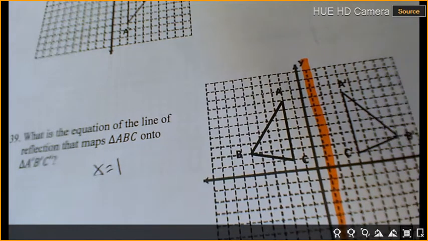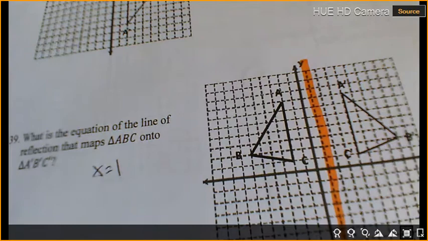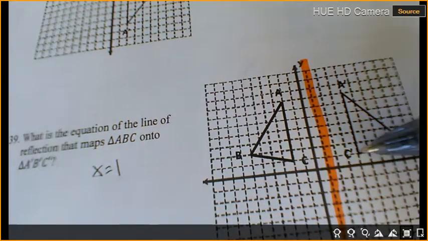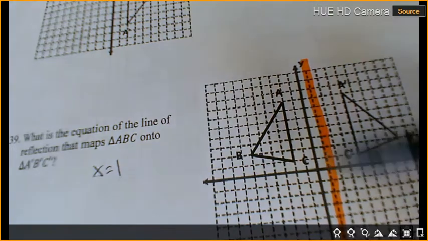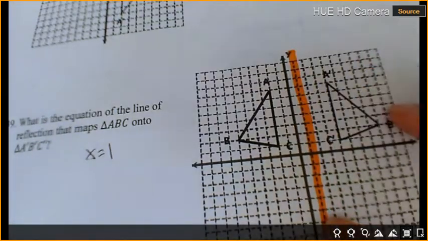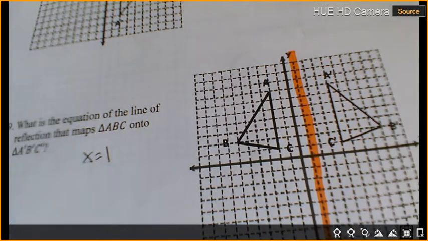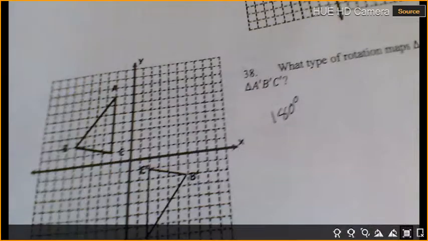So that I know the 3 is the middle. Right? So I go back. 1, 2, 3. The middle of 1 to 6 is 3. Okay? So I counted back from here, and that's x equals 1. That's where if I fold it in half on that orange line, this will go right on top of that. Okay. All right, you can do that.